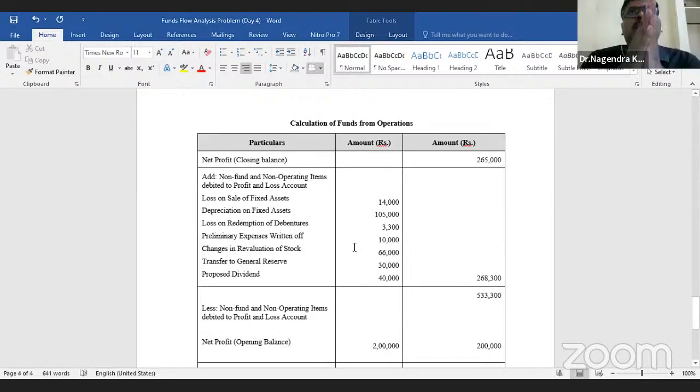The net profit showing in the balance sheet is the profit derived after making all the non-cash expenses and non-fund expenditures. So now, to know the actual cash generated from the operations, we have to make adjustments to the profit that was shown in the balance sheet.